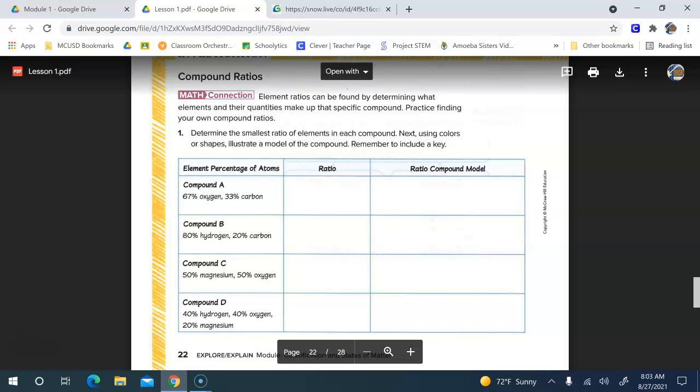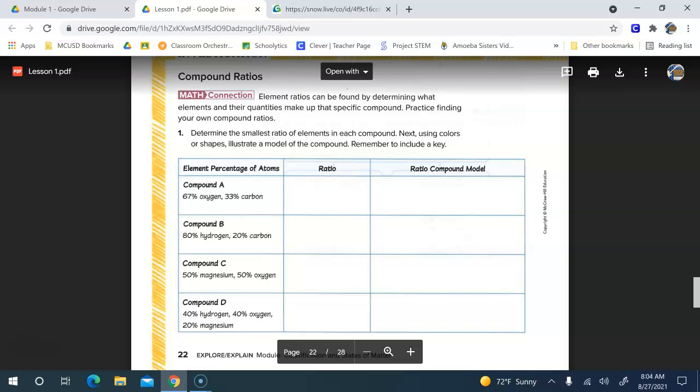But we need to write the ratio in the lowest form, the most simple form of the ratio. So instead of 66 over 33, 33 goes into 66 two times. So if we divide each side by 33, that gives us 2 over 1. So the ratio for compound A is 2 to 1.